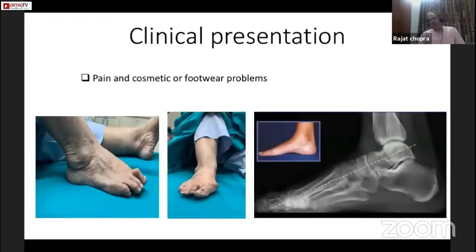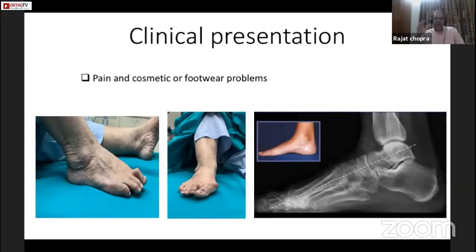Now, when the patient comes to you, the patient will come with two problems, mainly pain and cosmetic. Pain is one thing that you should try to help the patient with. For cosmetic reasons, it will be a young girl coming to you saying that it doesn't look good, it is not going with the shoes. So she would like it to be modified, and then you have to be very careful with that.